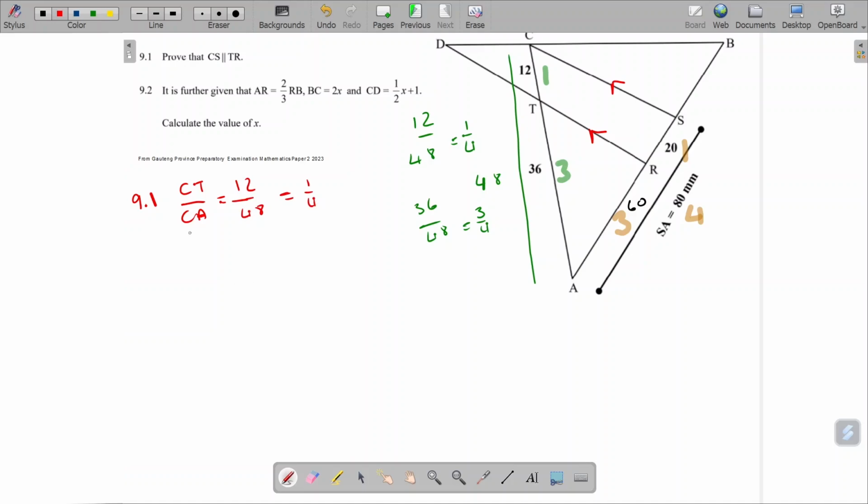And we can see that SR over SA equals 20 over 80 equals 1/4. Therefore, we know that SC is parallel to RT, because the sides are in proportion.